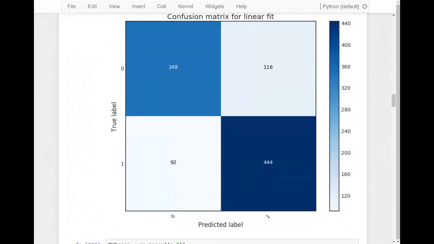Again, I want to emphasize that this is a simulation, only for demonstration purposes. If you have a real data set, oftentimes it's pretty hard to visualize the data, so you wouldn't even notice whether it was linear or not. You would just run logistic regression and hope that it worked out.